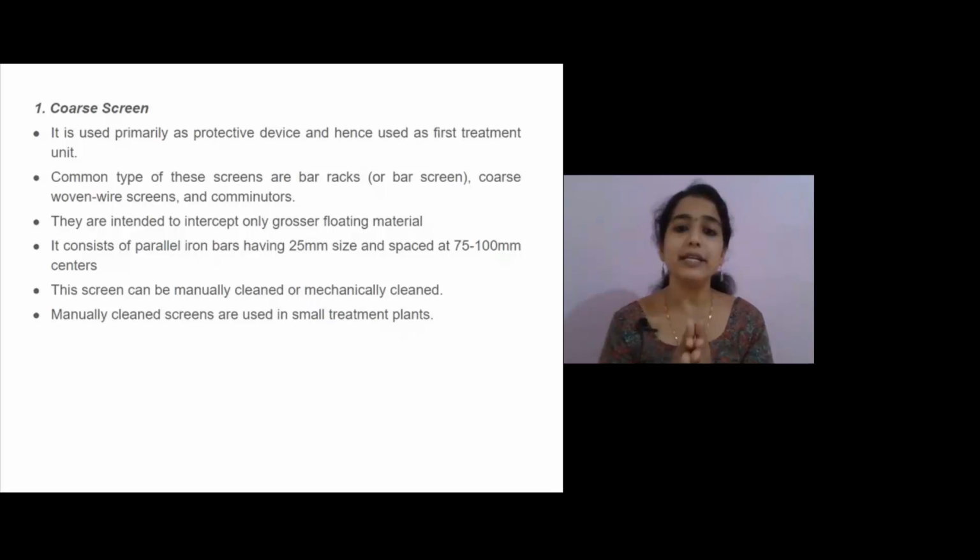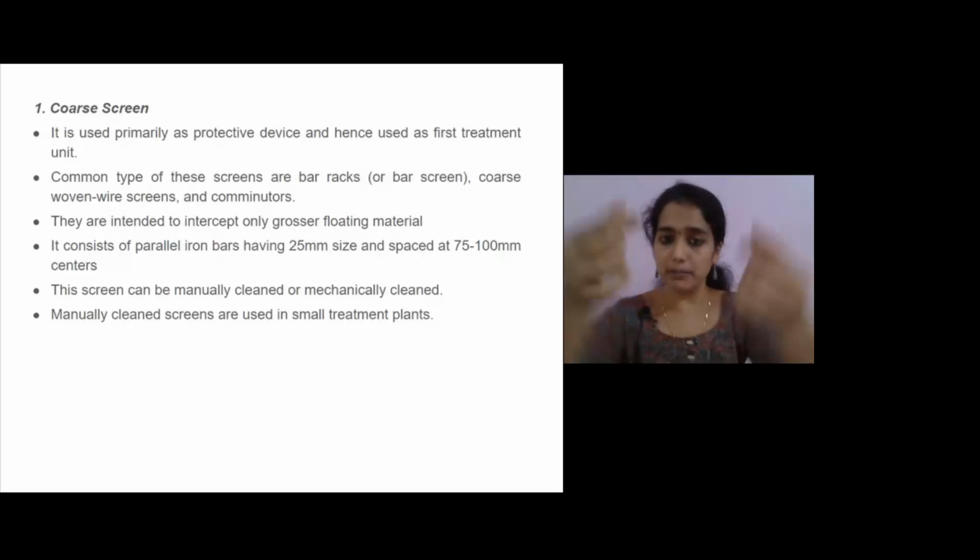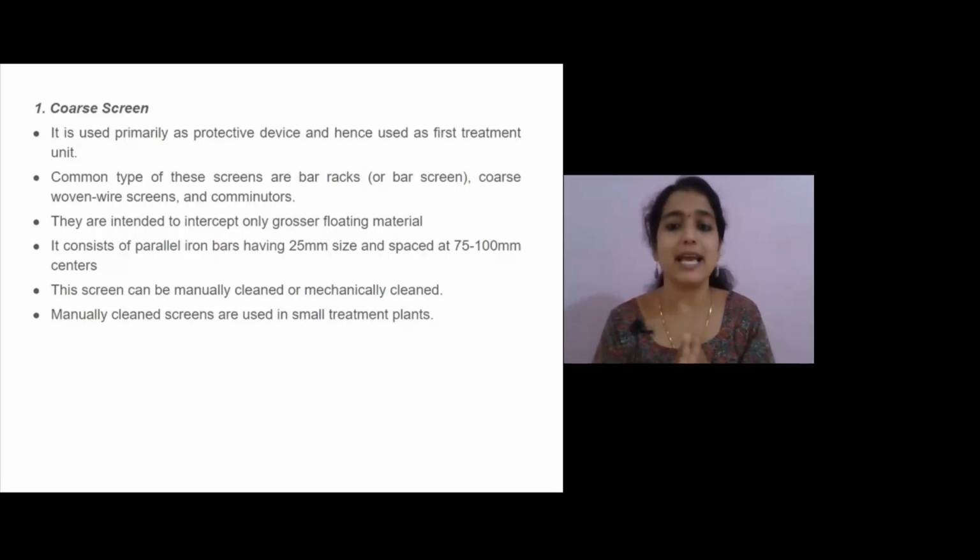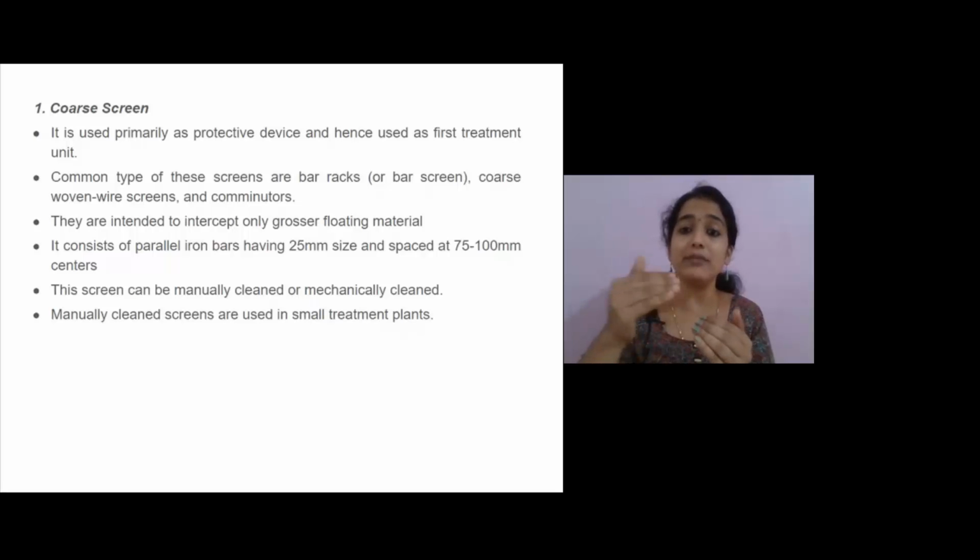They are intended to intercept only grosser floating materials, bigger floating materials. And it consists of parallel iron bars, 25 mm size and spaced at 75 to 100 mm centers.